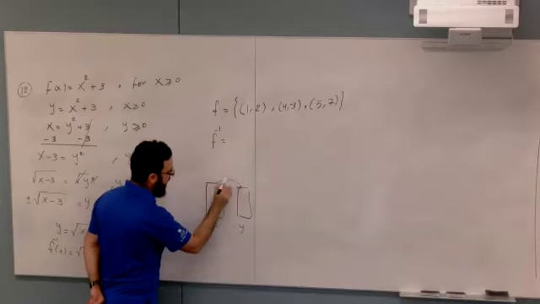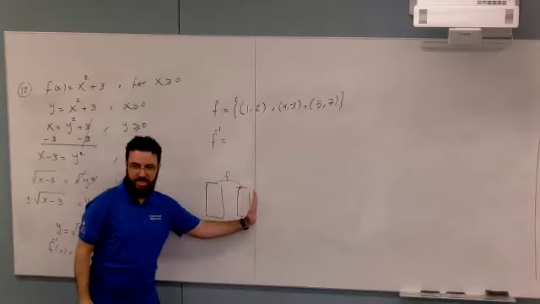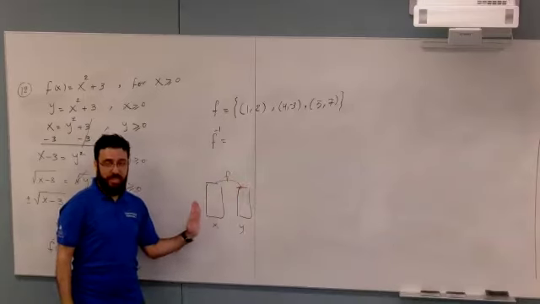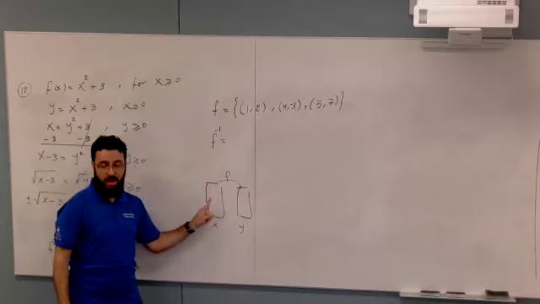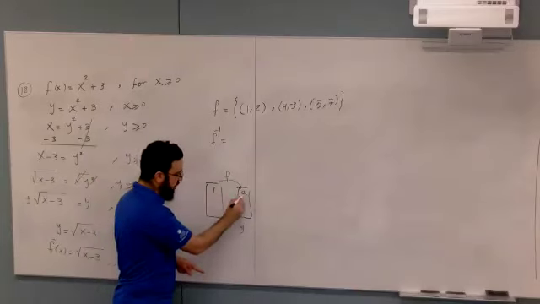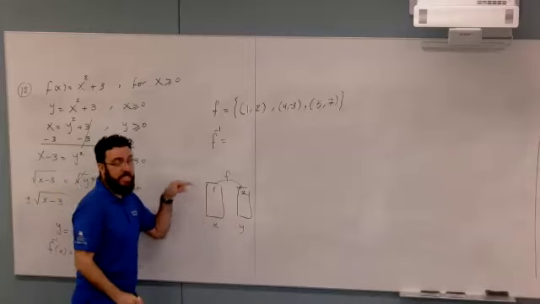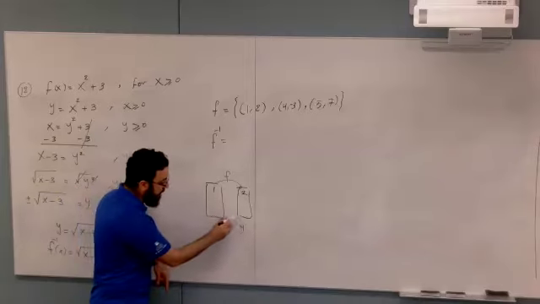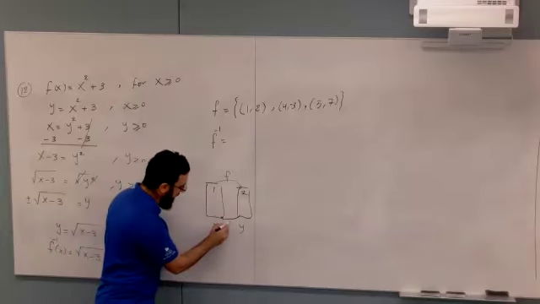This is the function. The function takes the person to the place. The function f is the car taking the person 1 to place 2. The inverse is the same car, but taking the person from the place to where? To go back home.